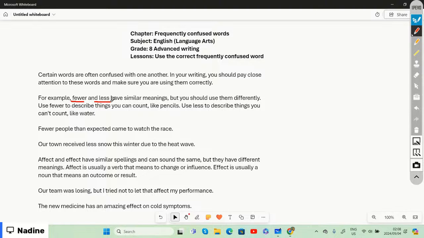Just something to do with you don't have much. So it's fewer and less. These two words can often be confused with one another because they have similar meanings. But you should use them differently. So as much as they have similar meanings, you need to use them differently, right? And you need to know in which context to specifically use these two words.